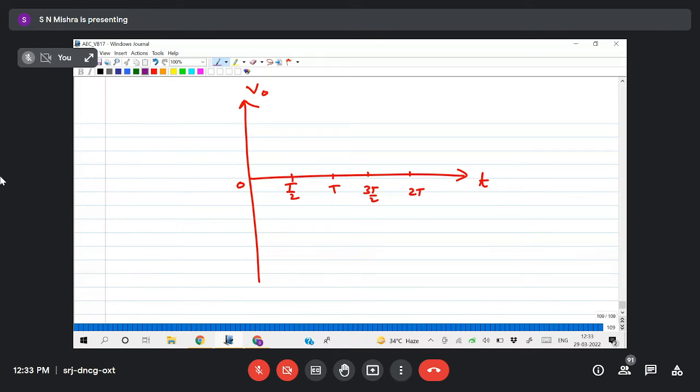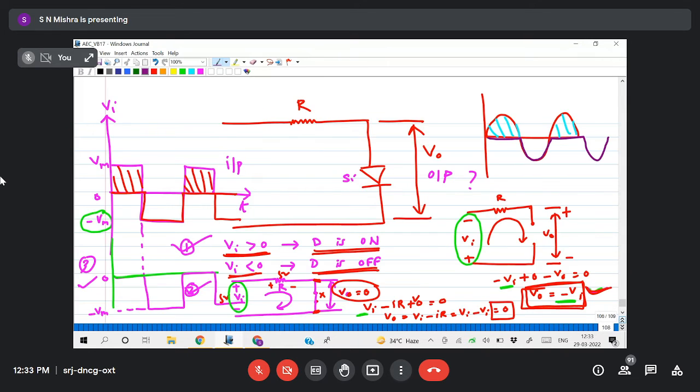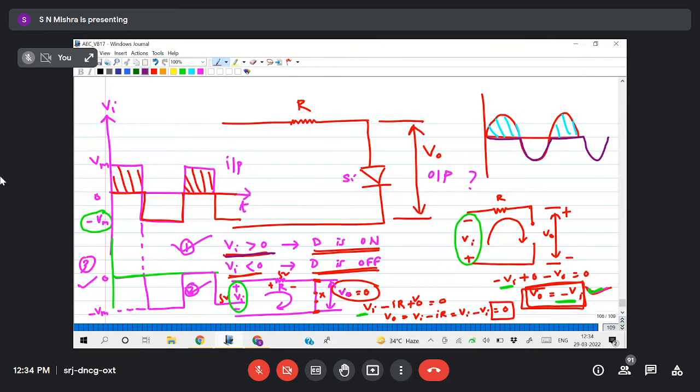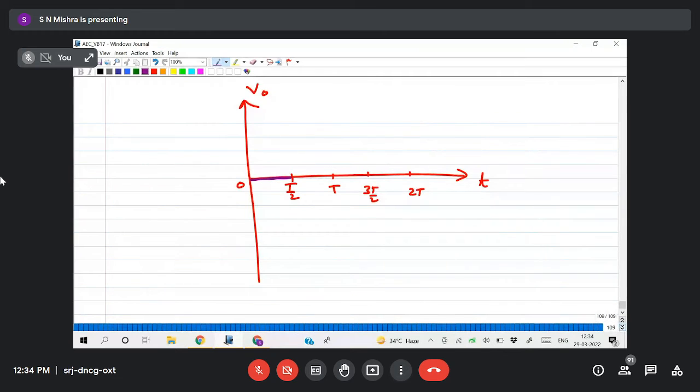When the input is the positive half cycle, what is my output? 0. So I am keeping it here as 0. Now for the negative half cycle, what am I getting? Minus Vi, because the input is like this.